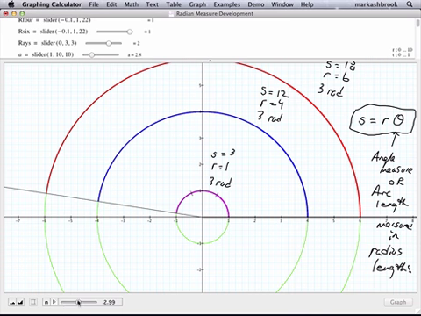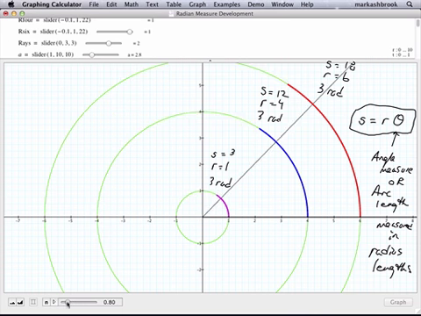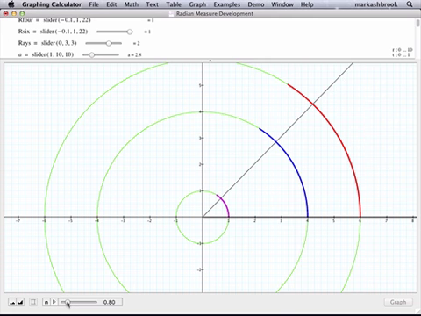Now I want coordinates. So I'll bring it back here. What are the x and y coordinates of that point right there? Okay, so you're estimating.